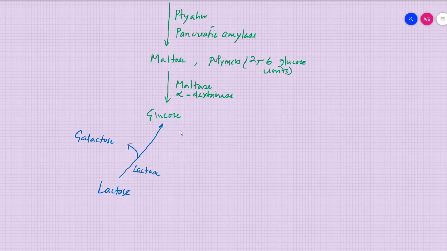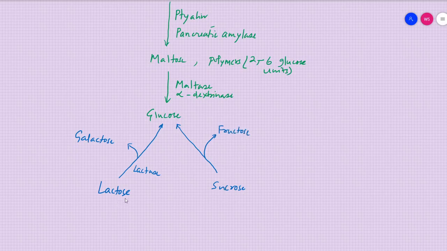So what about our other sugar that we were looking at? Do you remember which one? Yes, sucrose. Again it's a disaccharide, meaning it would be hydrolyzed to its subunits, glucose and fructose.